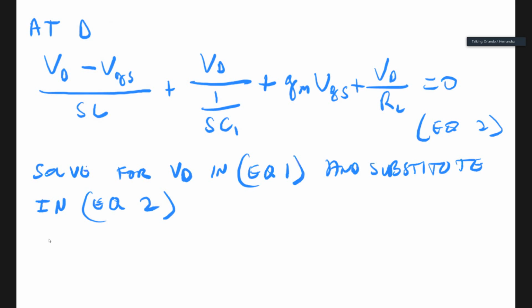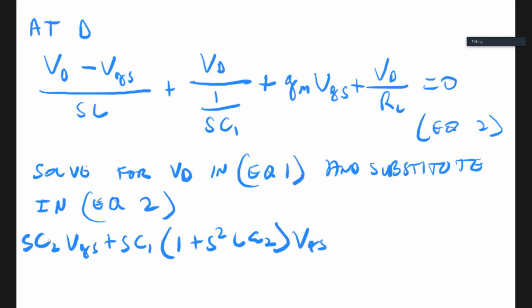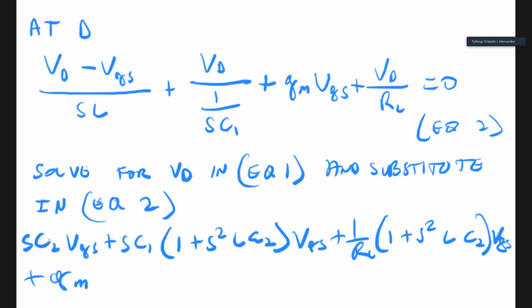If you do that, then you get S C2 VGS plus SC1 times 1 plus S squared L C2 times VGS plus 1 over RL times 1 plus S squared L C2 times VGS plus GM VGS equals 0.